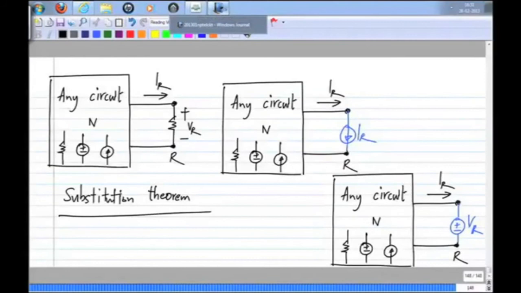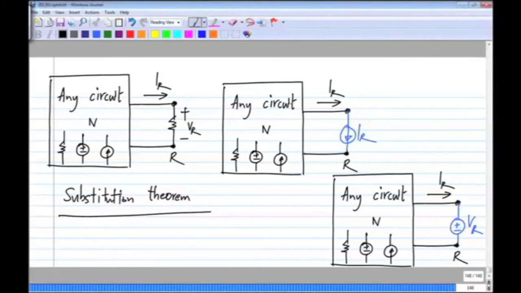Okay, so let's move forward. Now, one thing I want to point out is we took a resistor and then substituted it. First of all, you can do this for multiple resistors in a circuit. It doesn't have to be only one, and also it doesn't have to be a resistor. It can be any element.